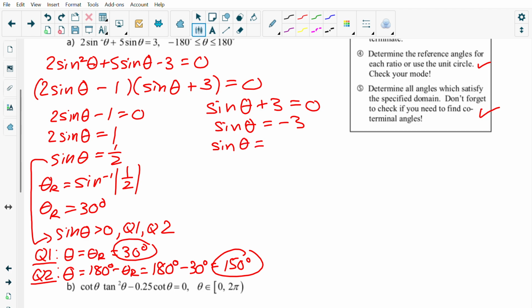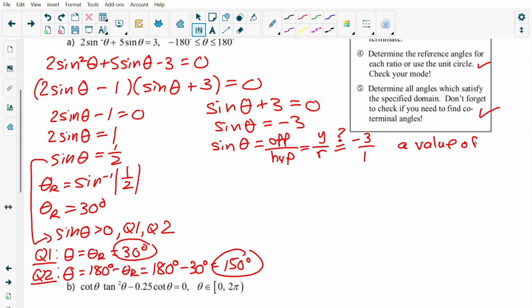Here's the problem I have. So sine of theta, that is opposite over hypotenuse, or in terms of the unit circle, that's y over r. Question mark, can it equal negative 3 over 1?